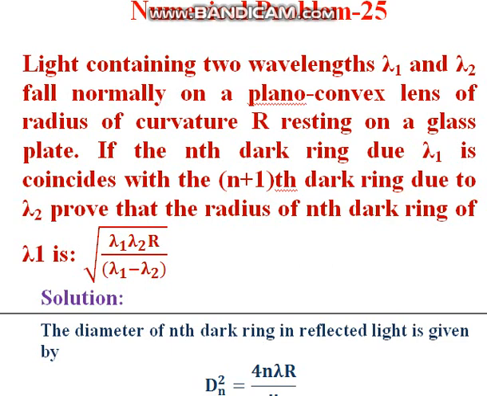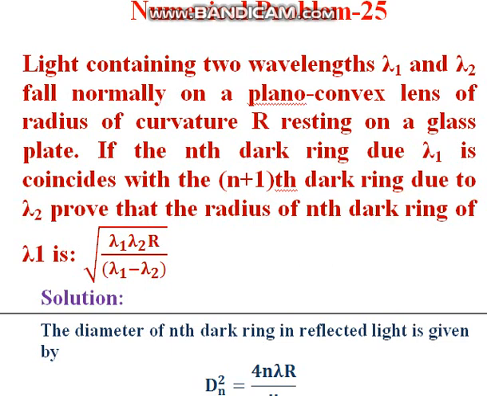The nth dark ring due to lambda 1 coincides with the (n plus 1)th dark ring due to lambda 2. Then prove that the radius of the nth dark ring of lambda 1 is given by this formula. Basically this numerical is a case of overlapping of two interference patterns.